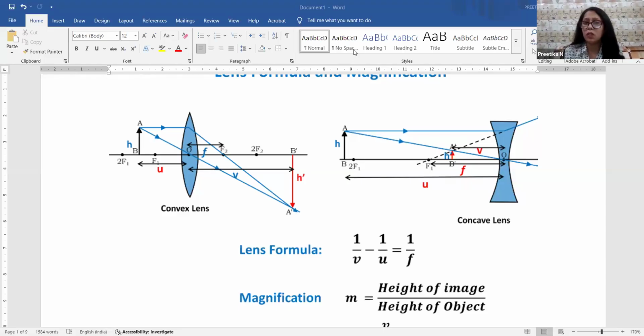Don't you remember? Open your notebook, check out the mirror formula, see the lens formula, and tell me the difference. As simple as that. In the mirror formula, ma'am, the minus values are plus being added and here they are being subtracted. All right, but then why are you taking so much time to revert? I mean, we have to take this session on point, right? You can't delay it that much. In case you know the answer, say it.